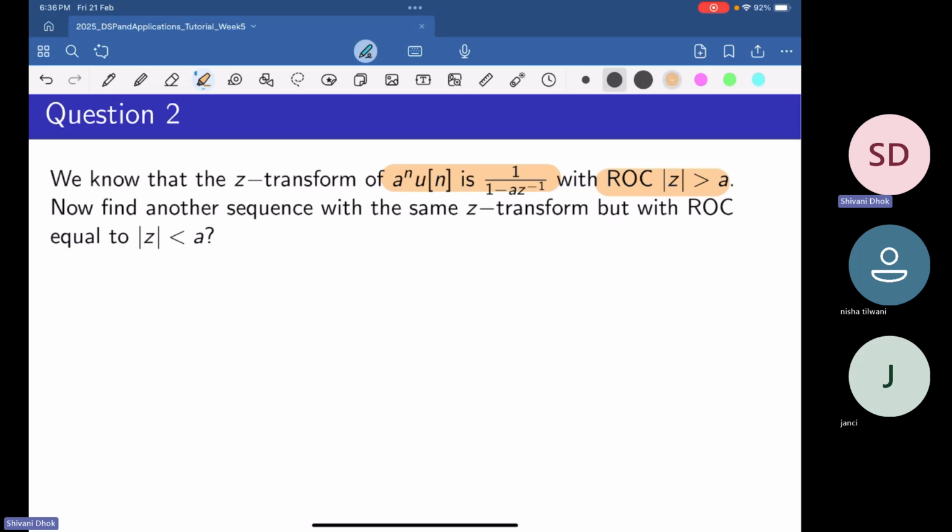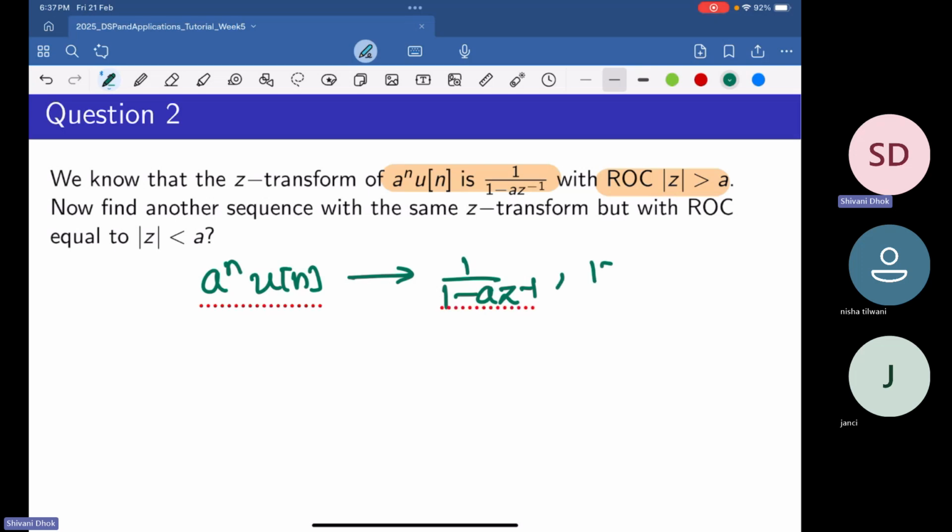We now need to find another sequence with same Z transform but with ROC magnitude of Z less than a. So what is said to us is the signal a to the power n u of n has Z transform as 1 upon 1 minus az inverse with region of convergence magnitude of Z greater than a.